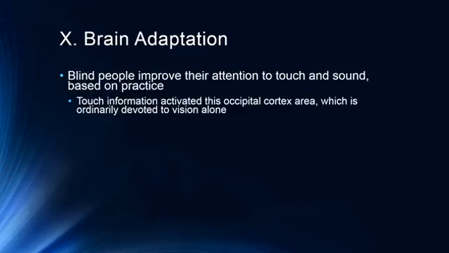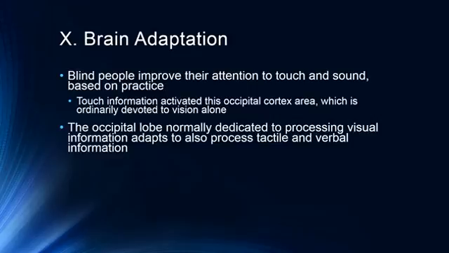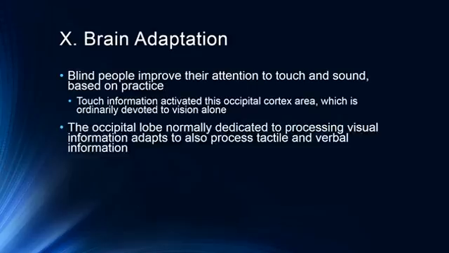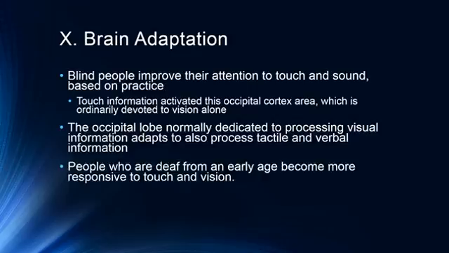But in congenitally blind people, that touch information can take over the occipital cortex area, which is why individuals who are congenitally blind are able to read Braille so quickly and accurately, because there is so much cortex power associated with processing their fingertips to accomplish that reading of Braille. So the occipital lobe, normally dedicated to processing visual information, adapts to also process tactile and verbal information.